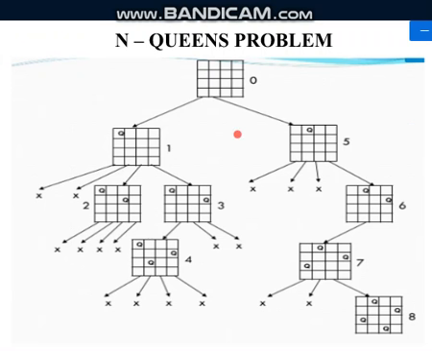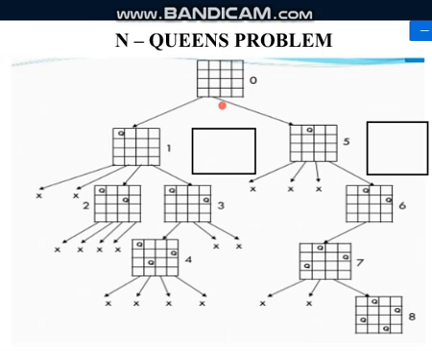See, what we do is, branch and bound means all the possible solutions for this. You can place it in the first cell, you can place it in the second cell, you can place it in the third cell, you can place it in the fourth cell, isn't it? See, you can place this queen in the first cell, here it is placed in the third cell.